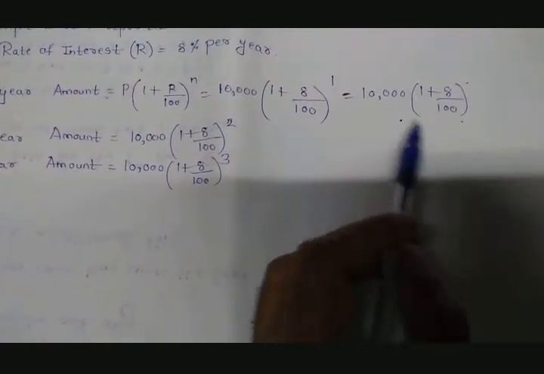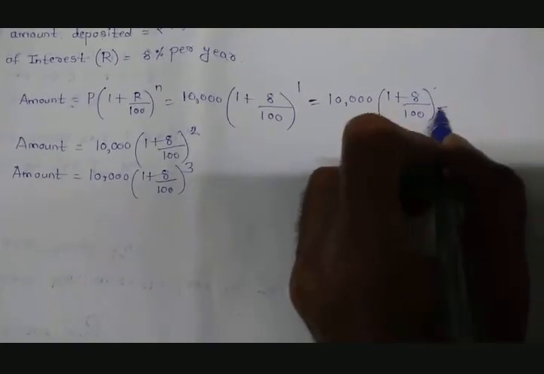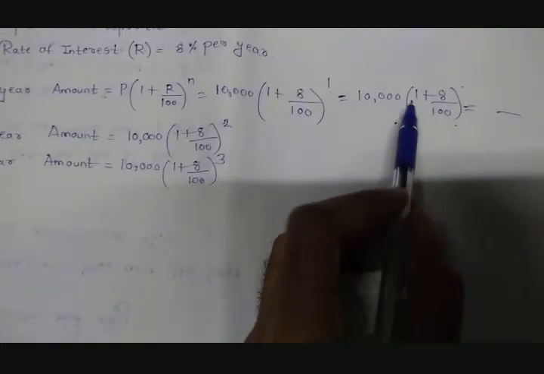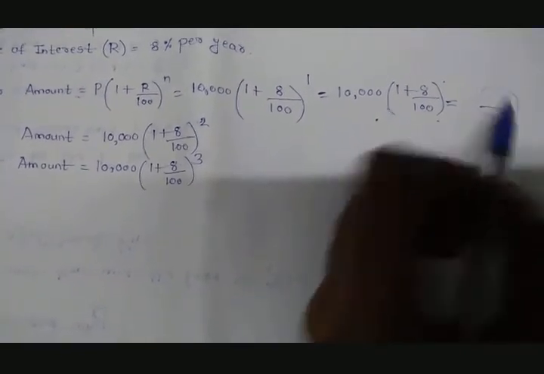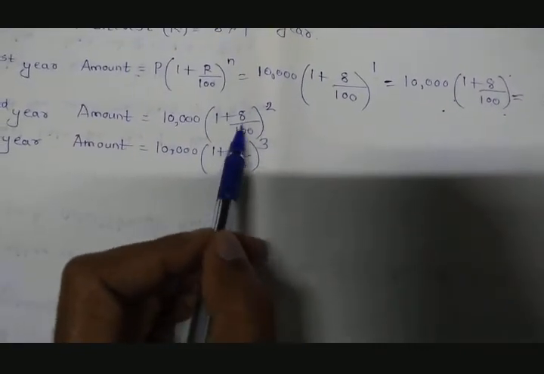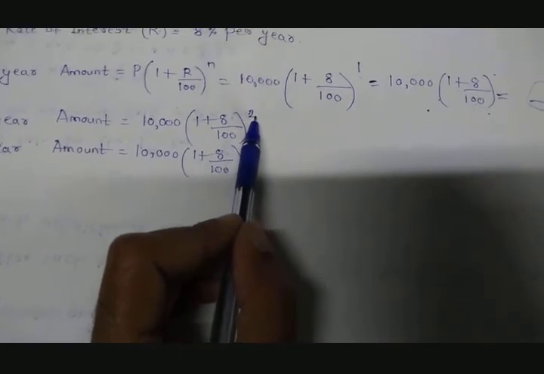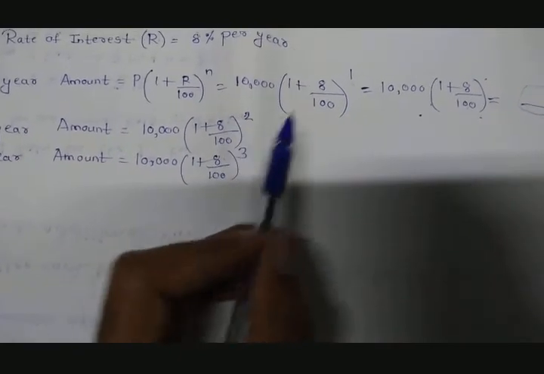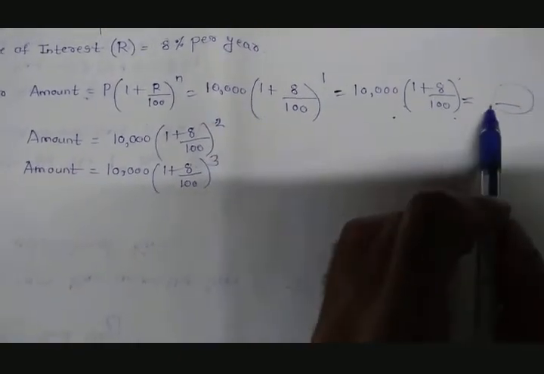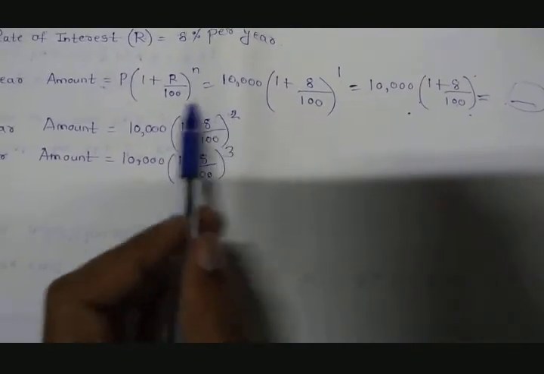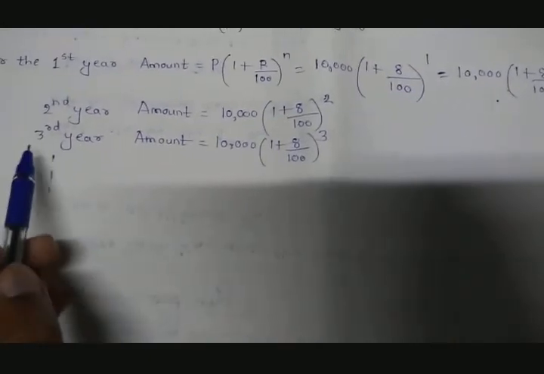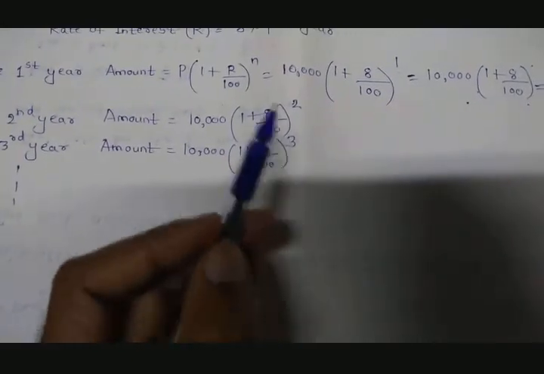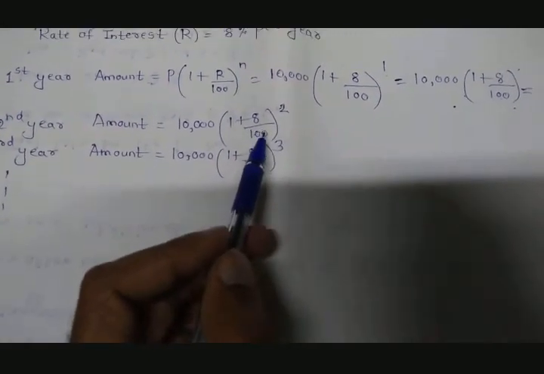If you simplify this, you'll get some value, right? Just observe, here we have 1 plus 8 divided by 100, and since you have the whole square here, obviously you will get a larger amount than before. So you'll get a larger amount in the second year than the first year, and obviously in the third year a much bigger amount than the second year, right?